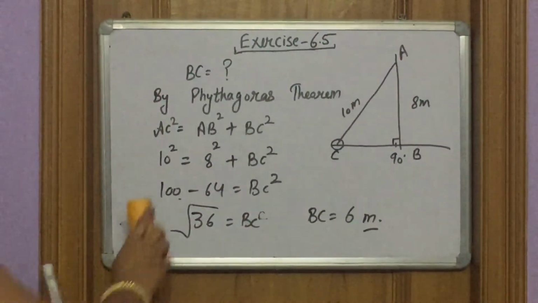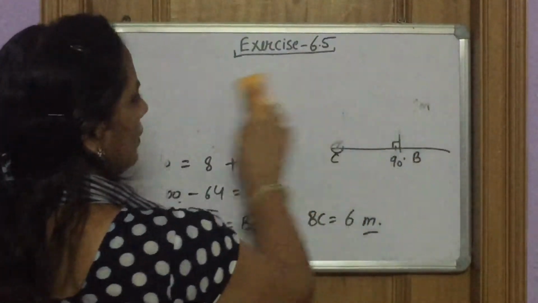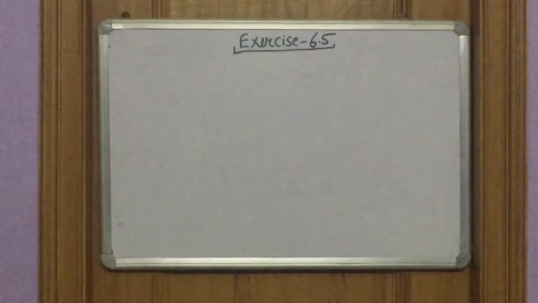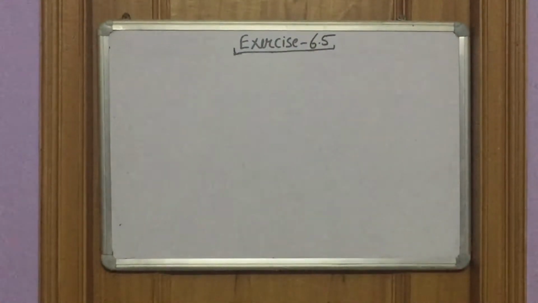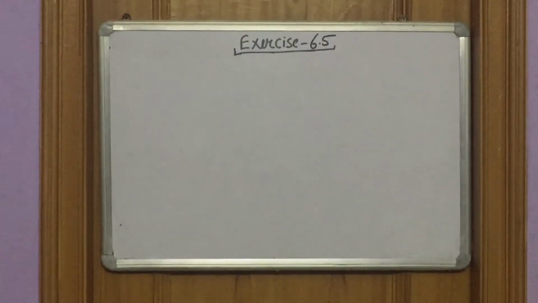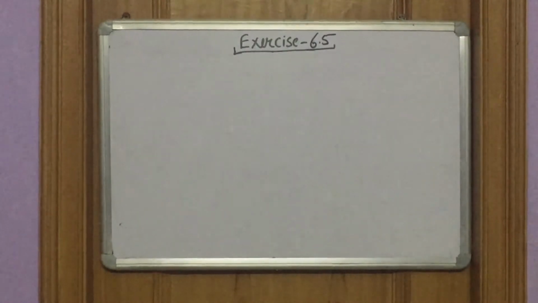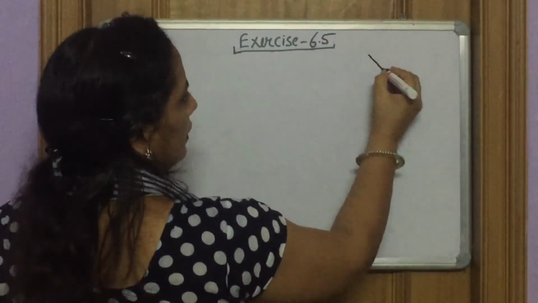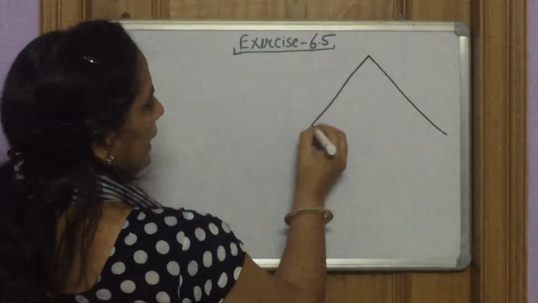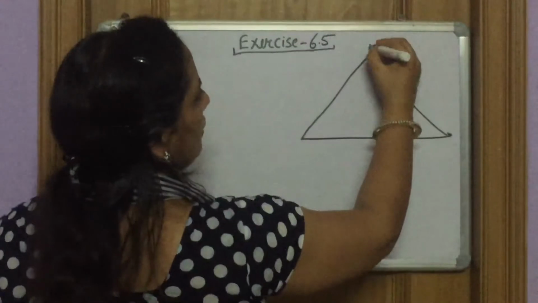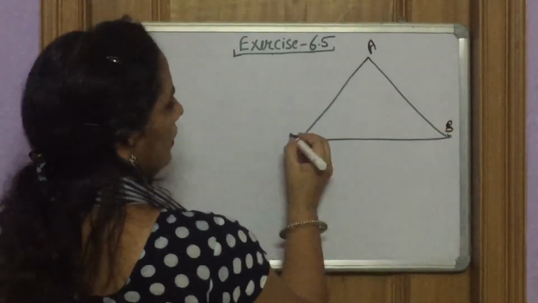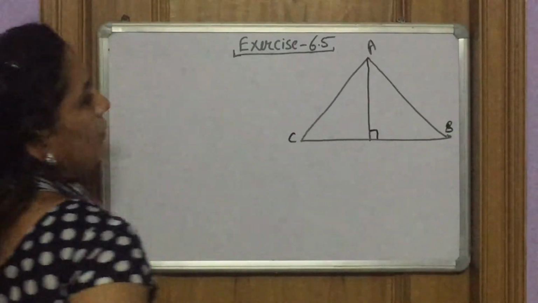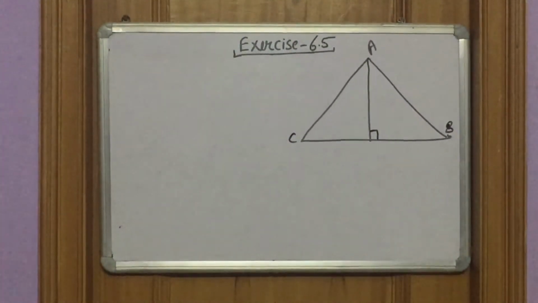Next question is question number 14. The perpendicular from A on the side BC of a triangle ABC cuts at the point D. That means in a triangle ABC, the figure is given in the question, and here we have a perpendicular which makes an angle of 90 degrees with the base.